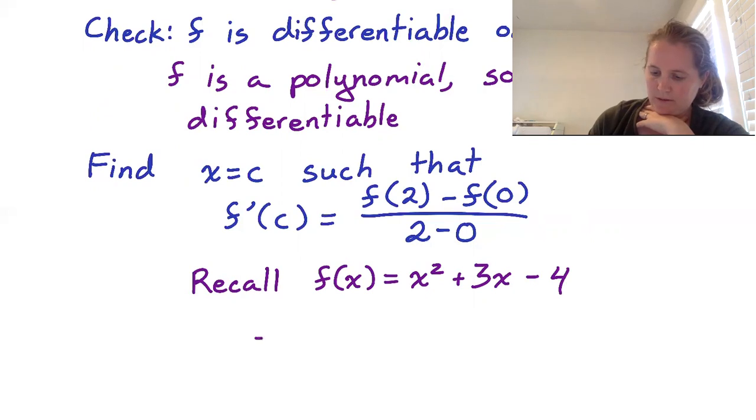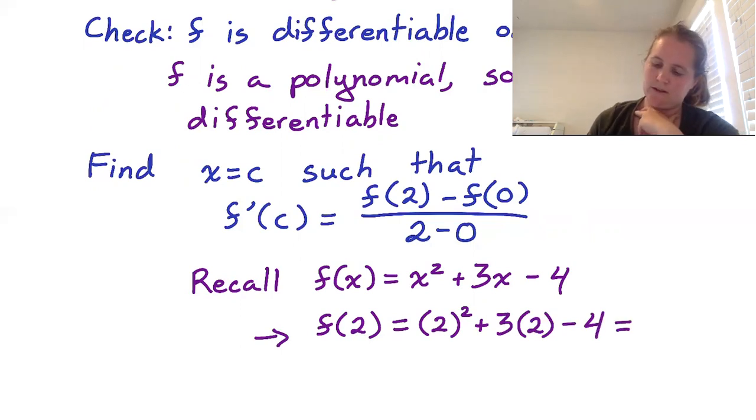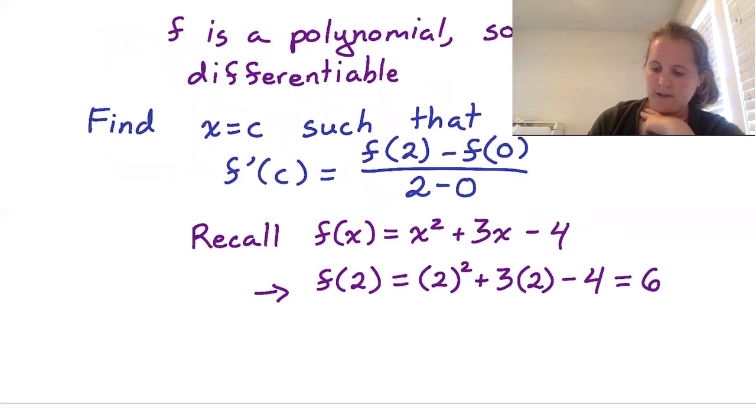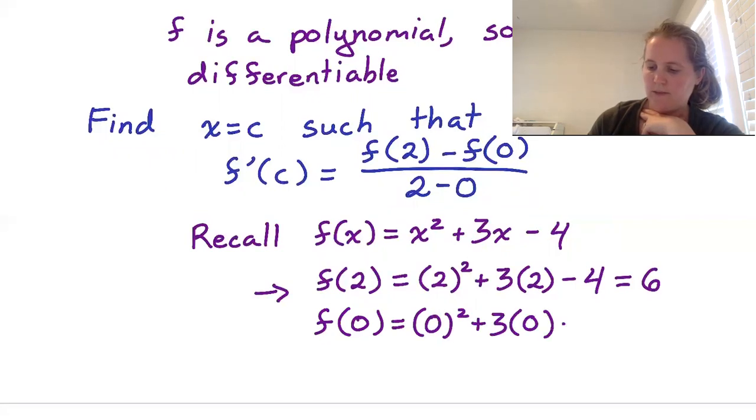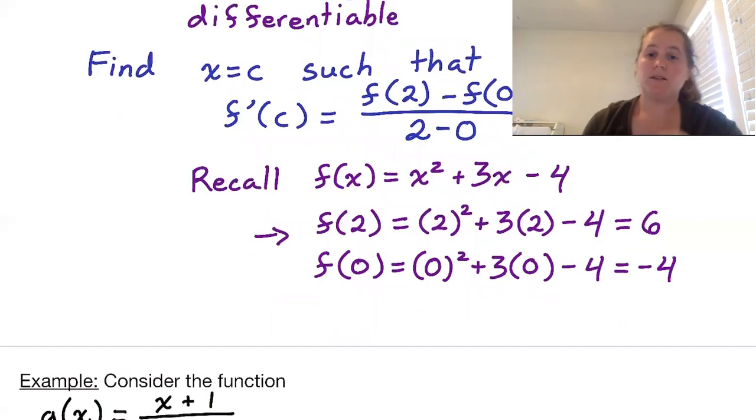So we have that f of 2 is equal to 2 squared plus 3 times 2 minus 4, otherwise known as 6. And f of 0 is 0 squared plus 3 times 0 minus 4, otherwise known as negative 4. I need to give myself more space.